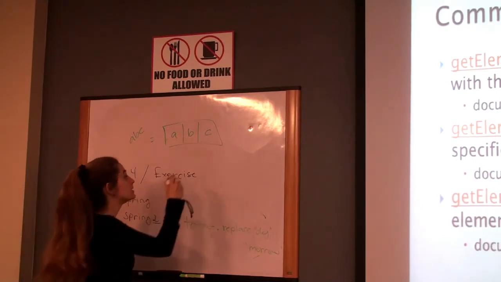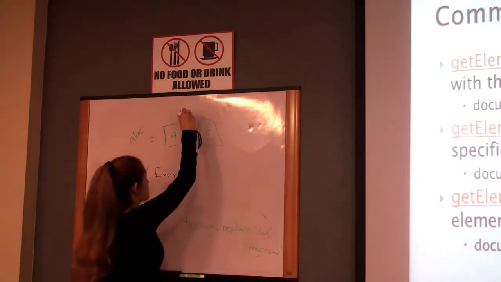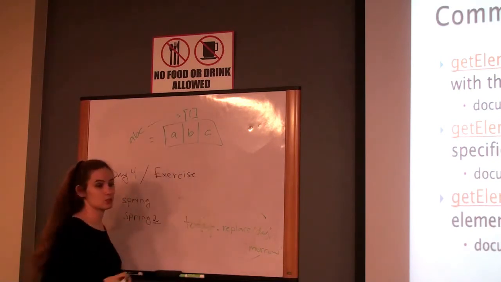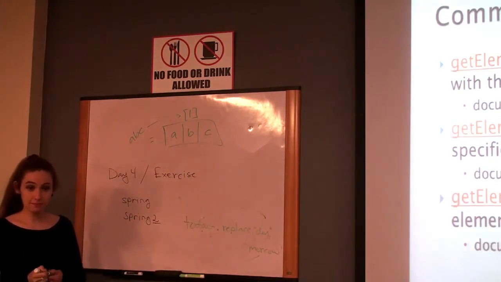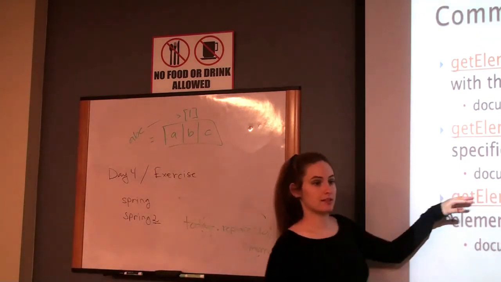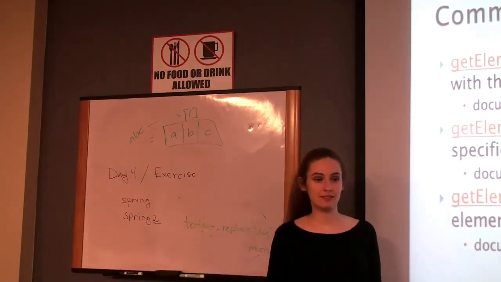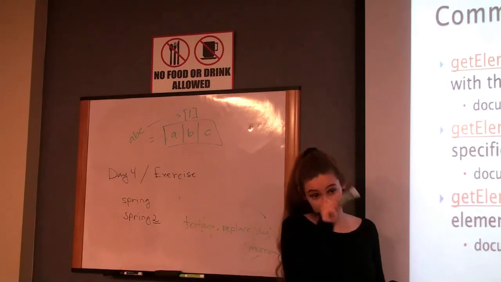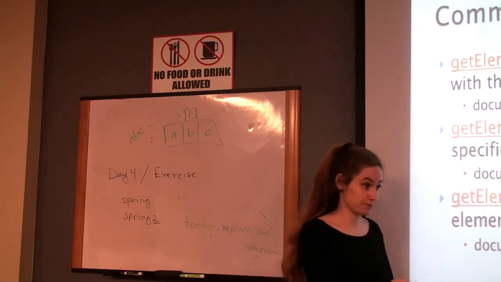Square brackets 1. Exactly. I'm going to say ABC square brackets 1. So if you get an array that has only one element in it, all you have to do is say 0, and it's out.